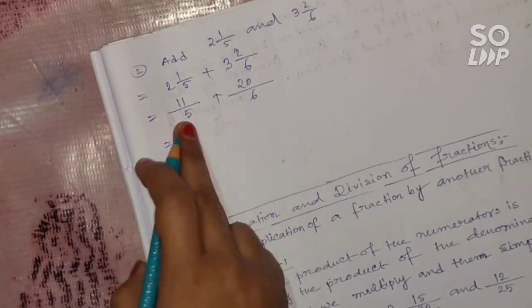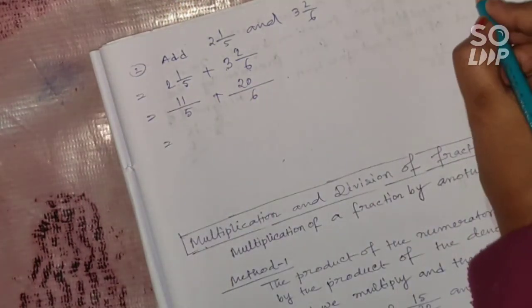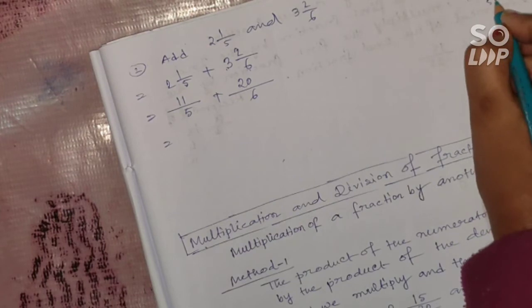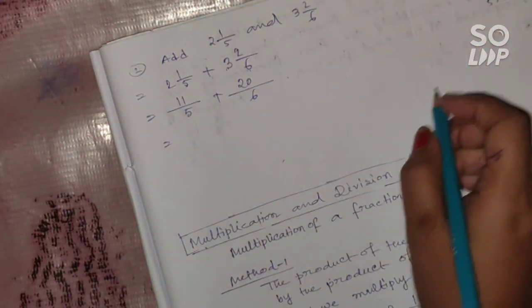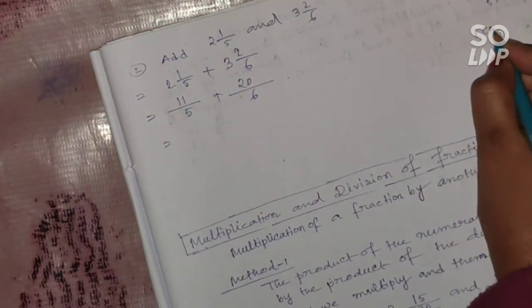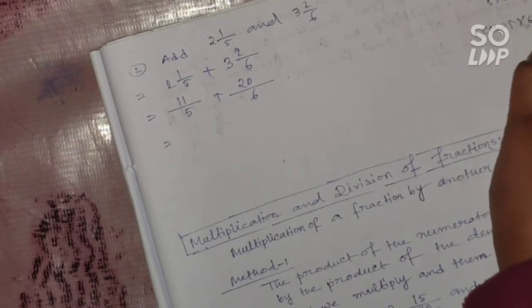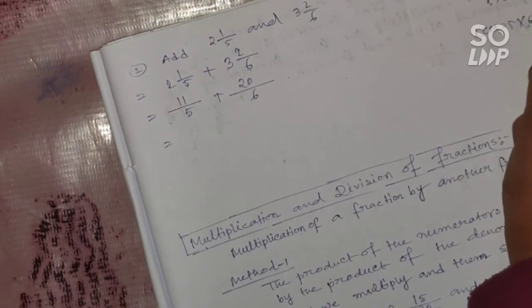Now you have to find the LCM of these fractions. So first we will find the LCM of the denominators, 5 and 6. So the LCM is 5 multiplied by 6, that is equal to 30.